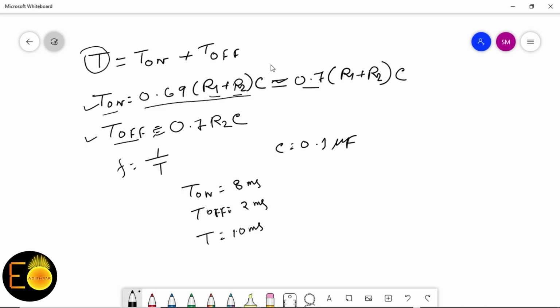So how can I do that? In Maxima, I'm going to put this expression with this value of the capacitor. This is one equation, and in the second equation, I'm going to put this expression with the T off of 2 millisecond and the capacitor value. From these two equations, I'm going to solve the two simultaneous equations, although you can do it yourself manually.